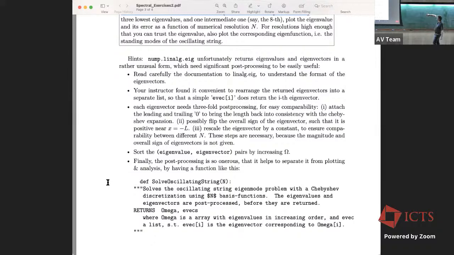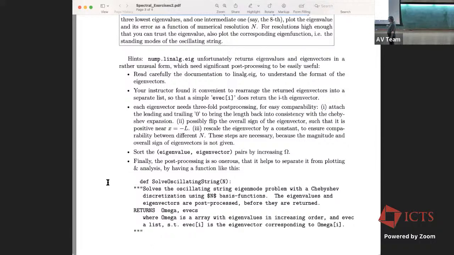You need to flip the sign to make them all look similar and not sometimes plus and minus of each other. You also need to put back the zeros at the last value because we've cut them away, and so linalg.eig doesn't know about them and can't return the points it doesn't know about. And you also need to rescale them such that they have the same amplitude for different resolutions.